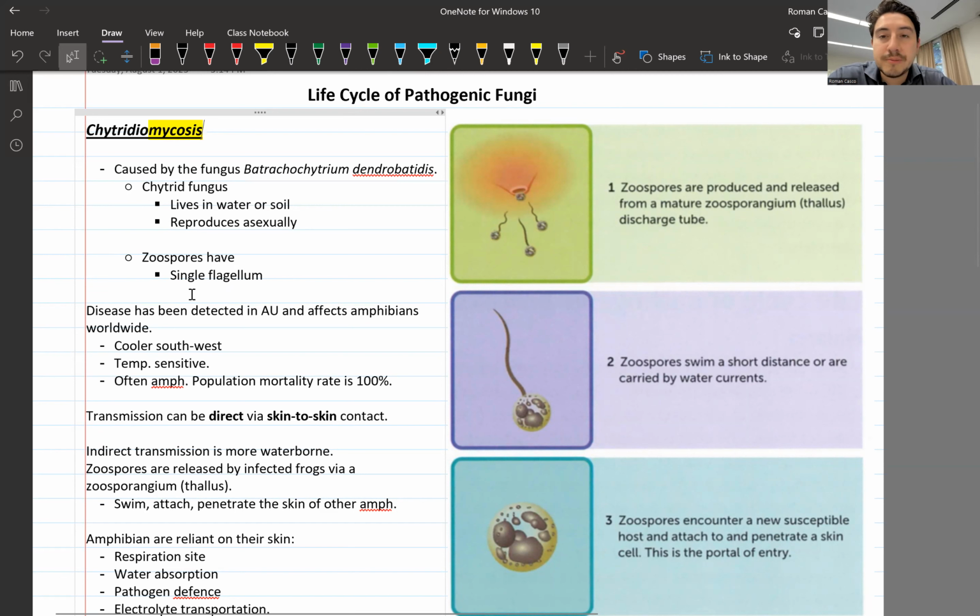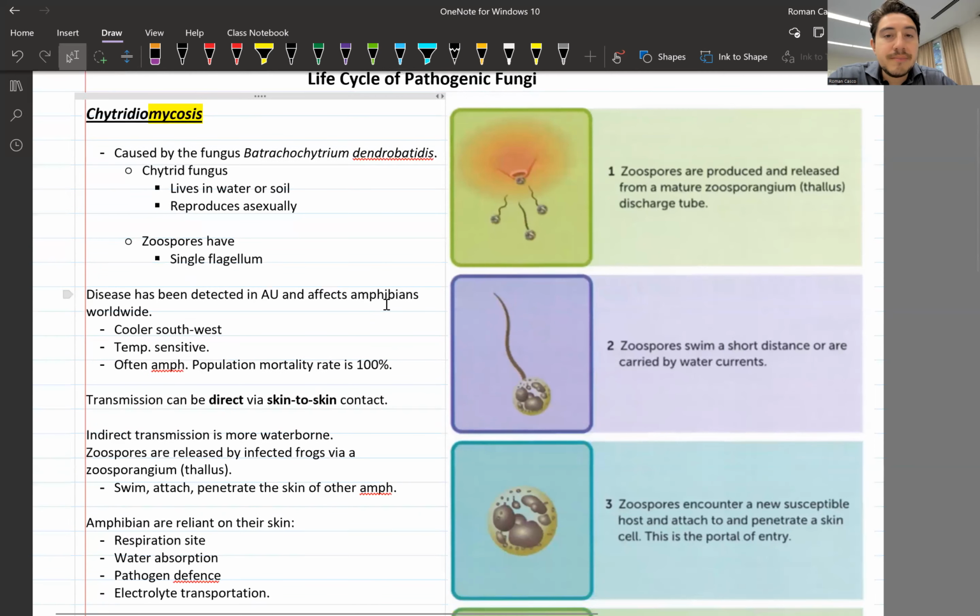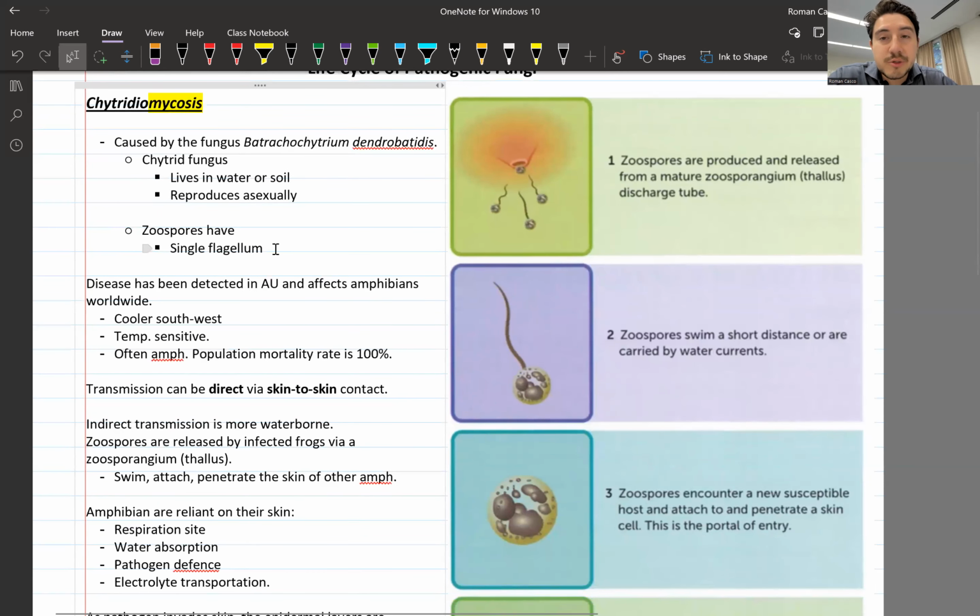Or moist soil. And they're produced by, if you remember those little cups or little balls with the stem, they're the ones that liberate the zoospores. They're referred to as zoosporangium, right? So basically a discharge structure to liberate more zoospores.